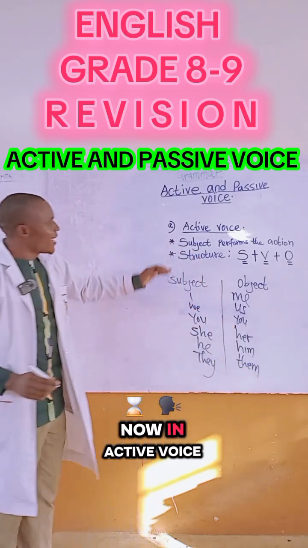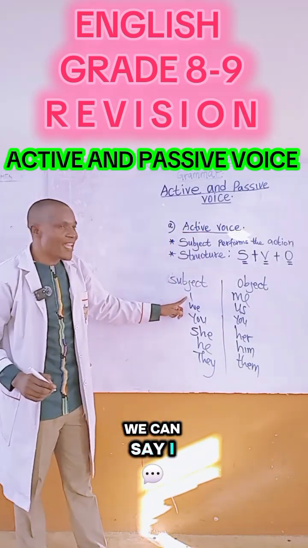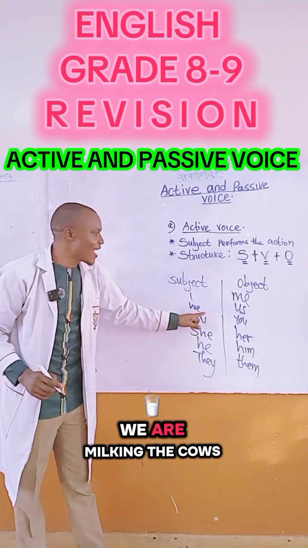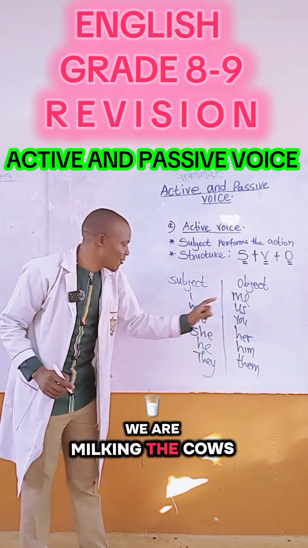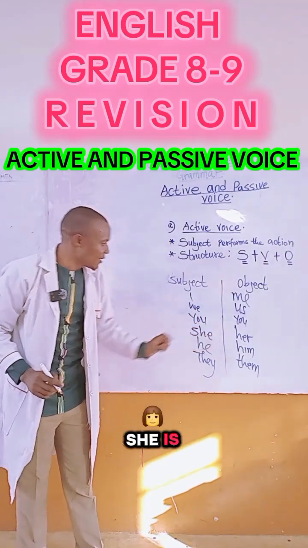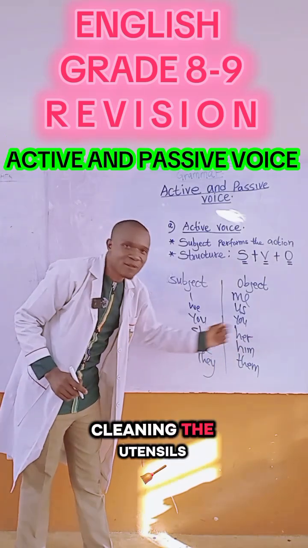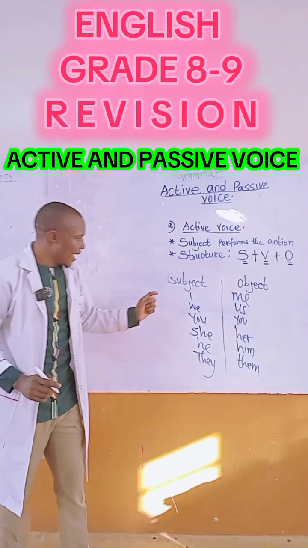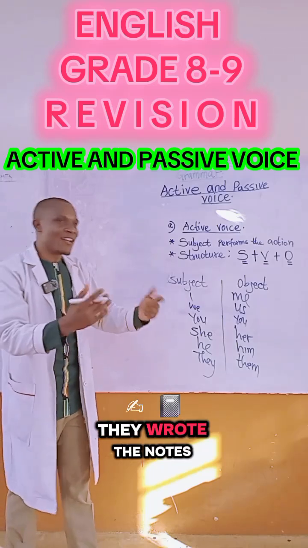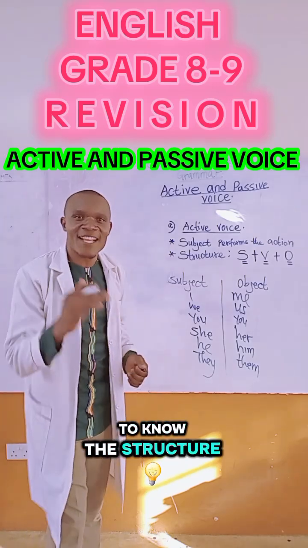Now, in active voice, we can say, I am writing. We are milking the cows. She is cleaning the utensils. And that continues. They wrote the notes.